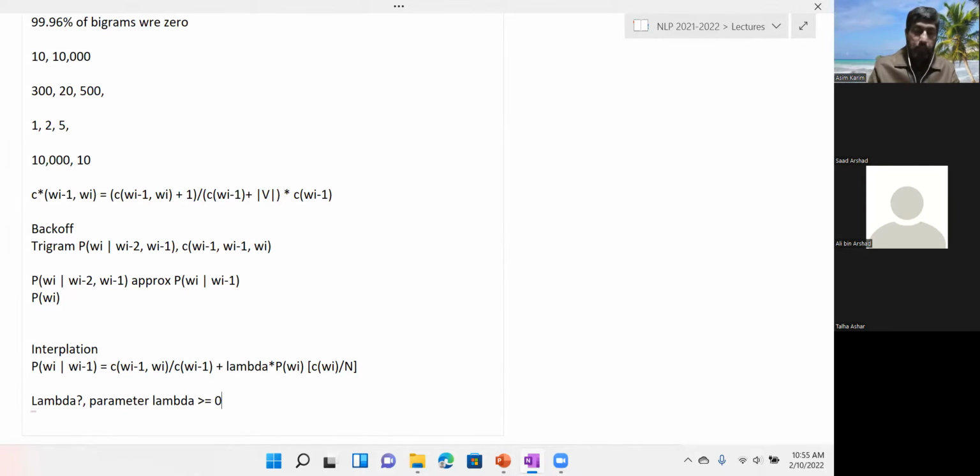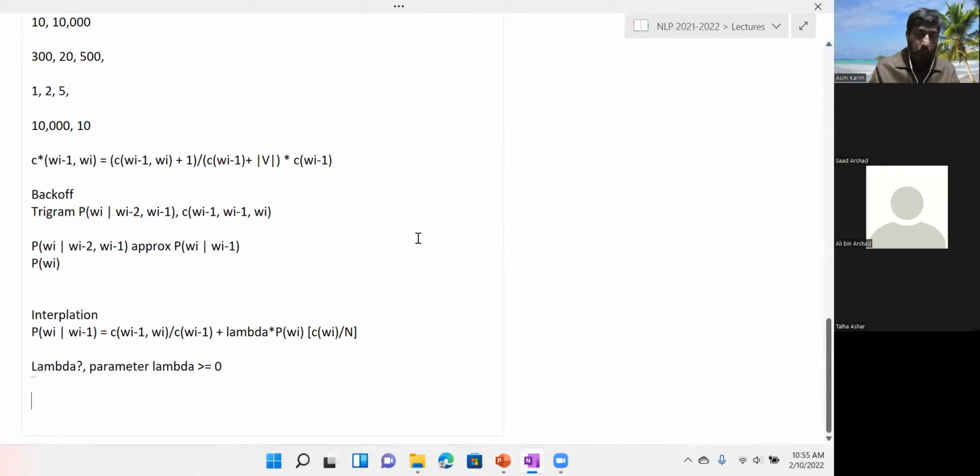Okay. So how do you find this lambda? Again, you use the machine learning approach of a training set and a validation set.